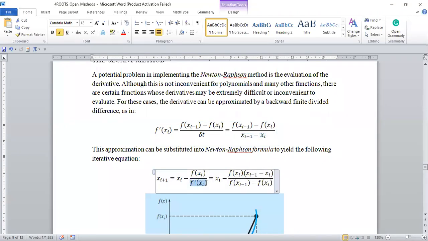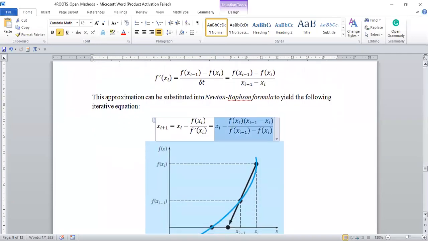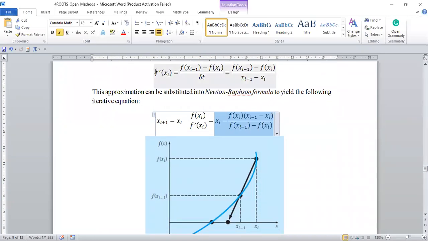So in place of having to calculate the first derivative, if you replace the first derivative with this, you're going to arrive at this. So this formula is called the secant method. It's basically just the Newton-Raphson method, but you are replacing the first derivative with the backward difference.